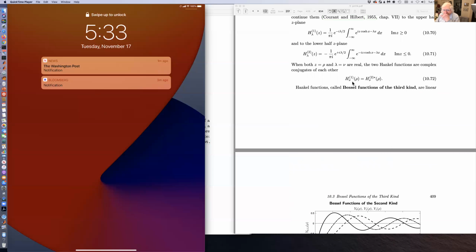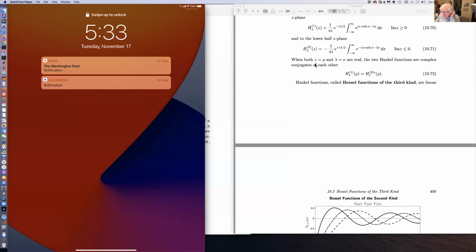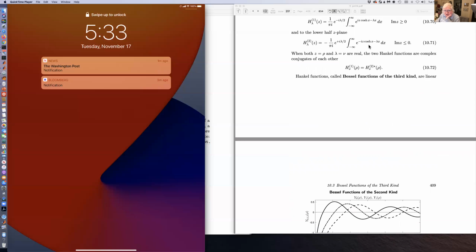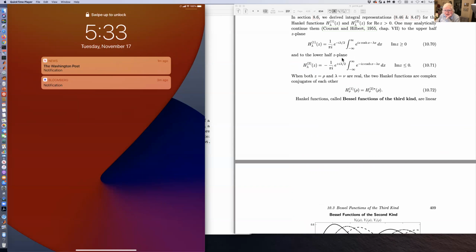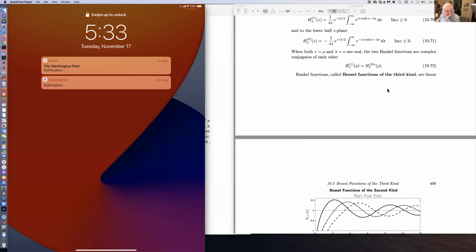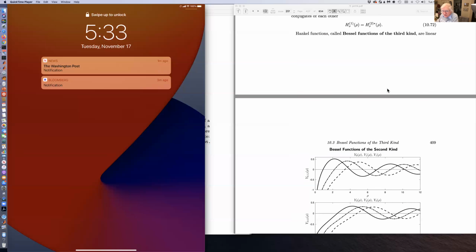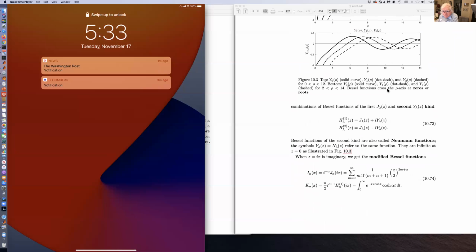And when z and lambda are both real, then these two are complex conjugates of each other. The i and the minus i, and then the i and the minus i. And so they're complex conjugates of each other. These are called Bessel functions of the third kind.